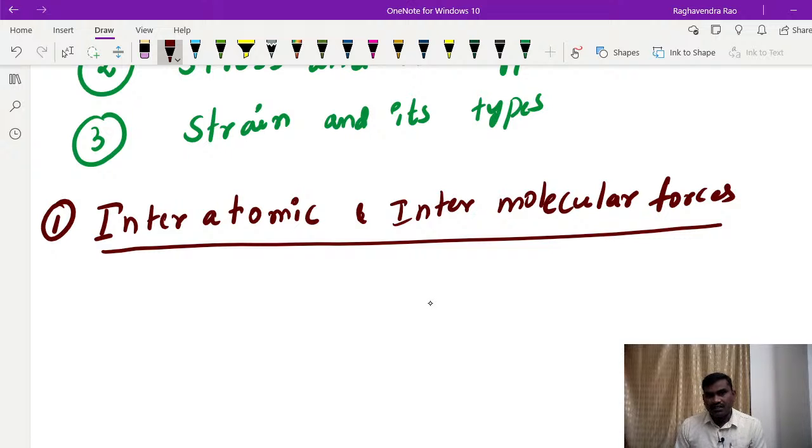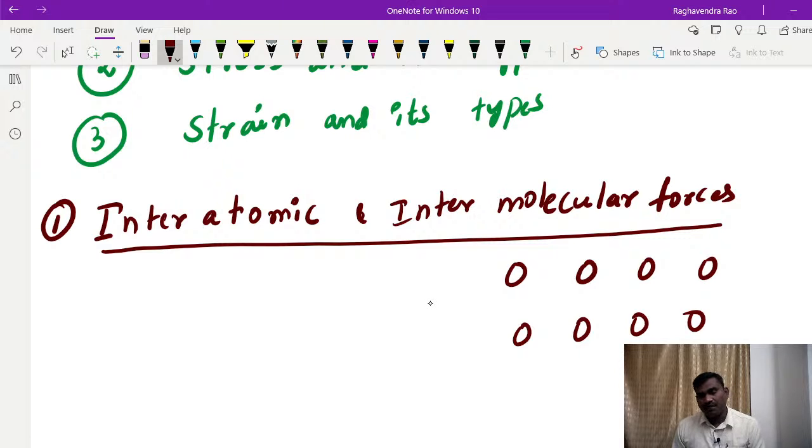Now, for example, you have taken individual atoms like that. By bringing all these atoms closely together with each other, we can form a solid state material. Solids, liquids or gases are nothing but collections of atoms. In the case of solids, atoms are closely bound together. Now we will take two atoms.